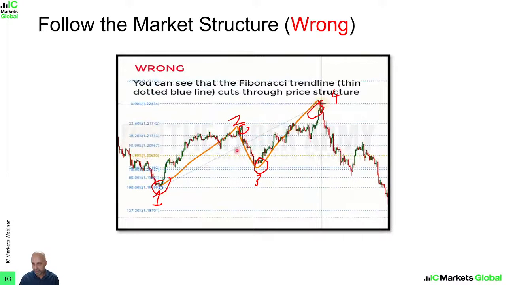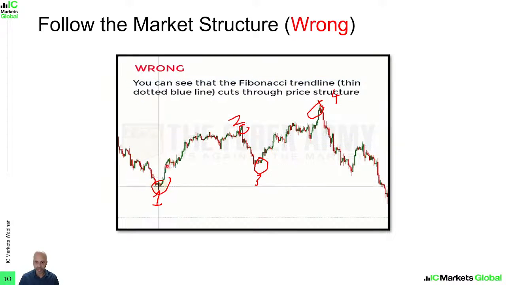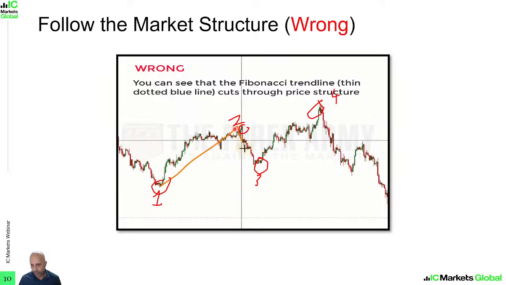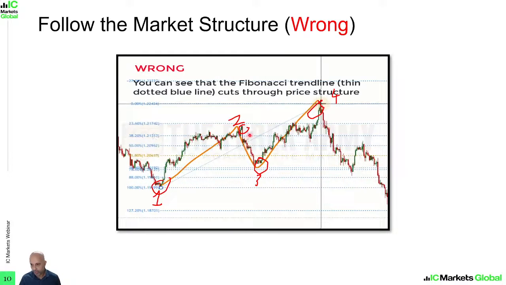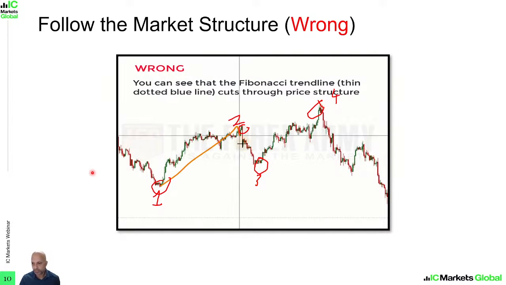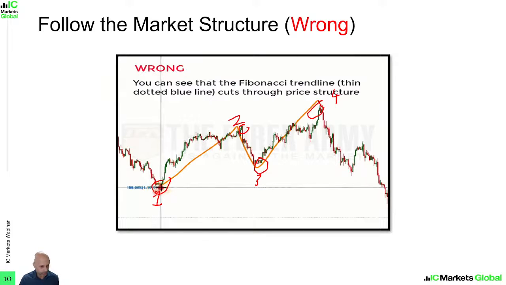We can clearly see that this blue line here does not capture the market structure very well, right? Yes, 0.1 to 0.2 is an uptrend, but from 0.2 to 0.3 price is actually pulling back quite strongly. So the trend line is not capturing the market structure very well. In this scenario, a good starting and end point for the uptrend would be from 0.1 to 0.2.